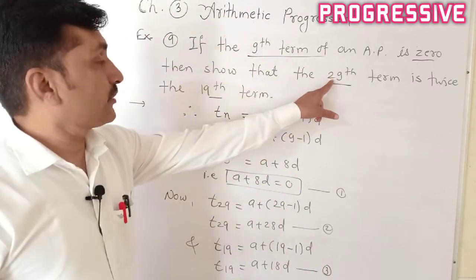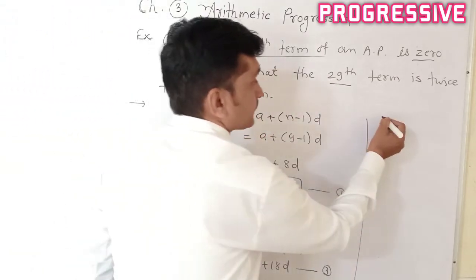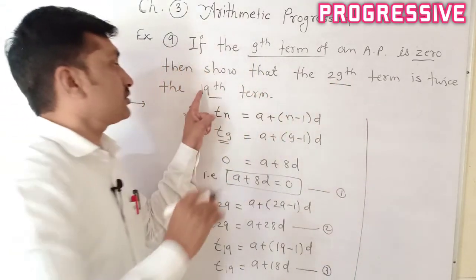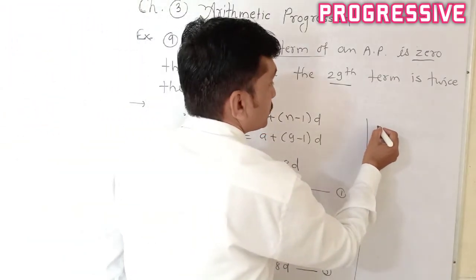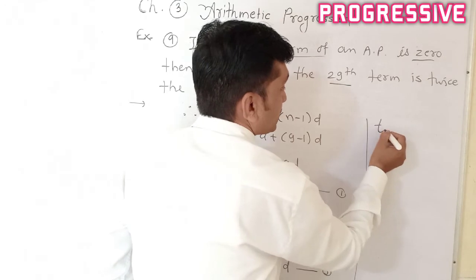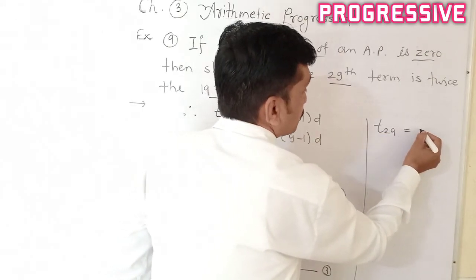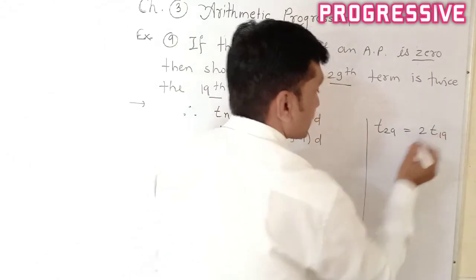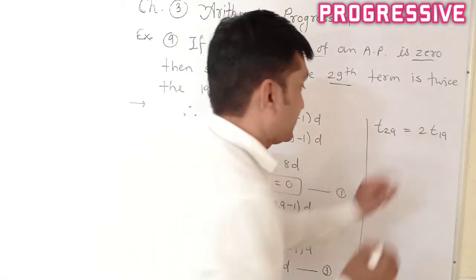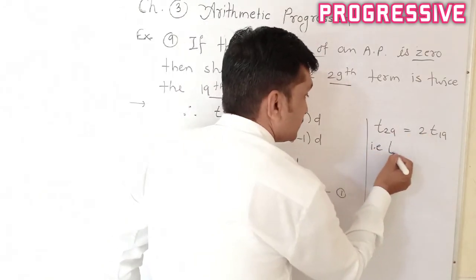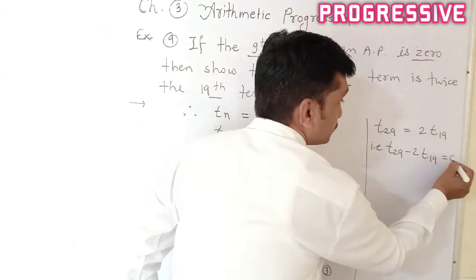We have to prove the 29th is double of that. We have to prove T29 is equal to twice of T19. That is, we can write it as T29 minus twice of T19 is equal to 0.